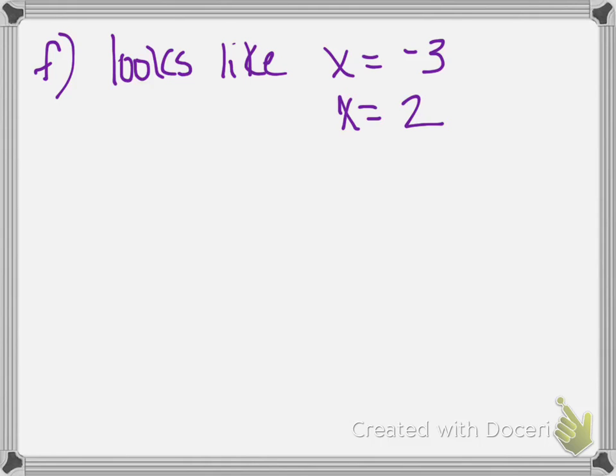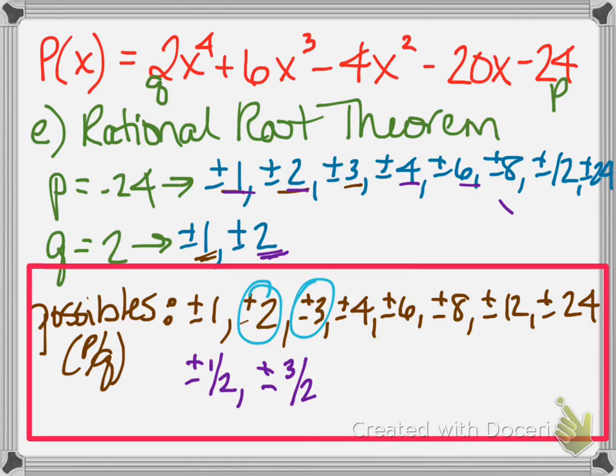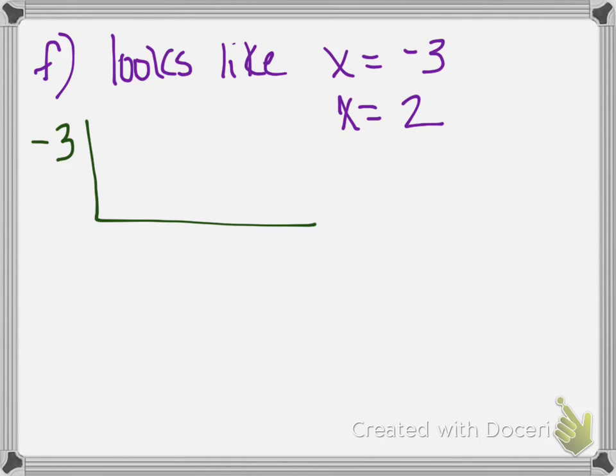So for part F, I want to make sure that these are right. I have them on the graph, I've checked them, they're in my possibilities, but to actually prove it, we use our synthetic division. So I'll do the -3 first. I have to get my coefficients. Remember, your coefficients come from the original problem. So 2, 6, -4, -20, and -24.